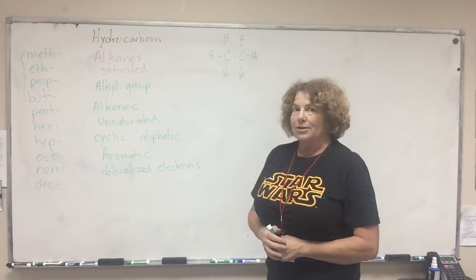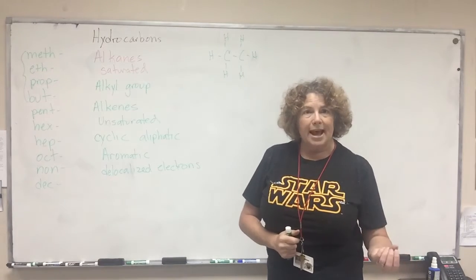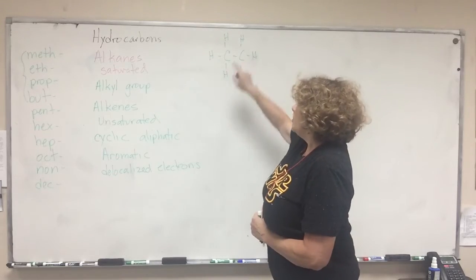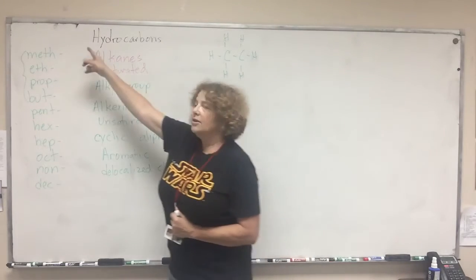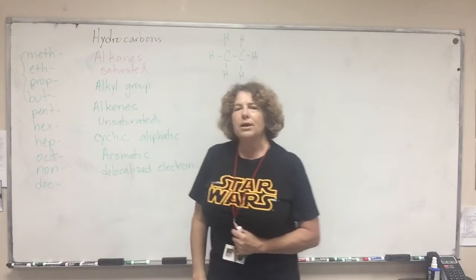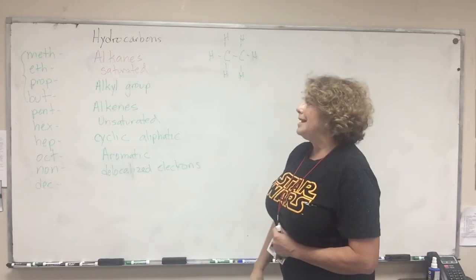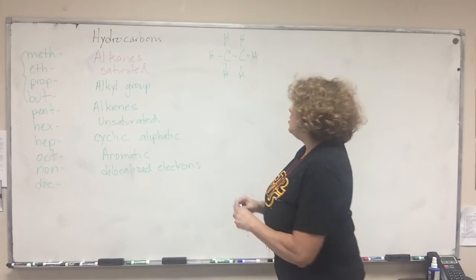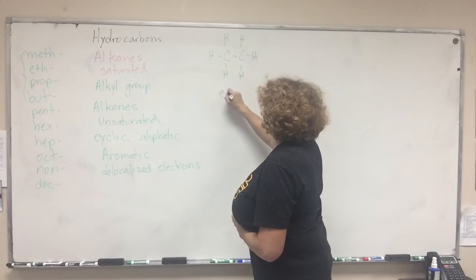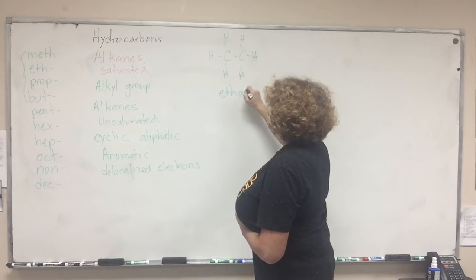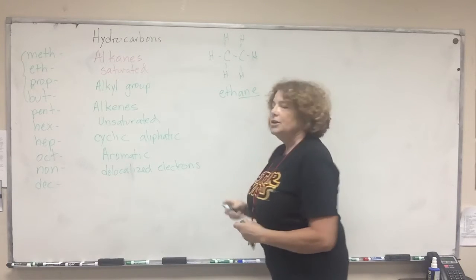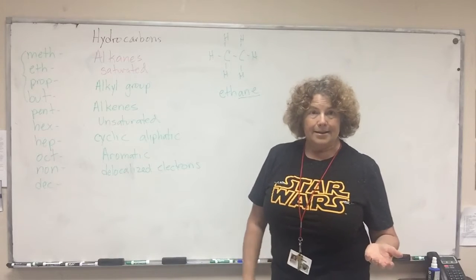Now we name hydrocarbons by how many carbons they have. This one has two carbons, and if you look at this list over here, and it's also in your book, these are the prefixes. So this would be ethane because it's got two carbons, so the prefix is eth, and it's an alkane.